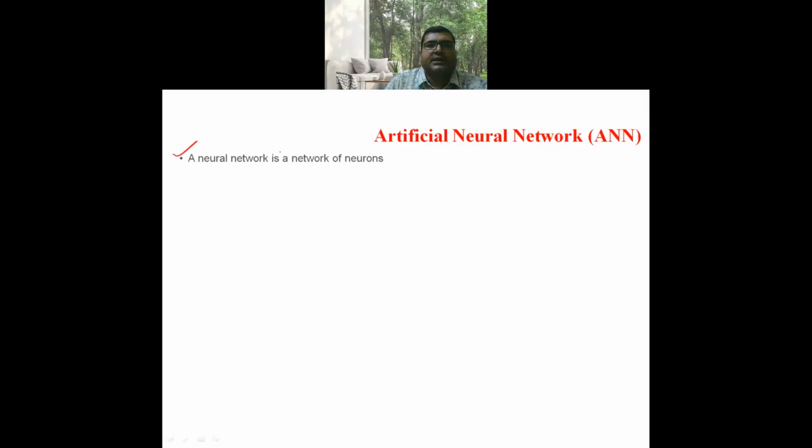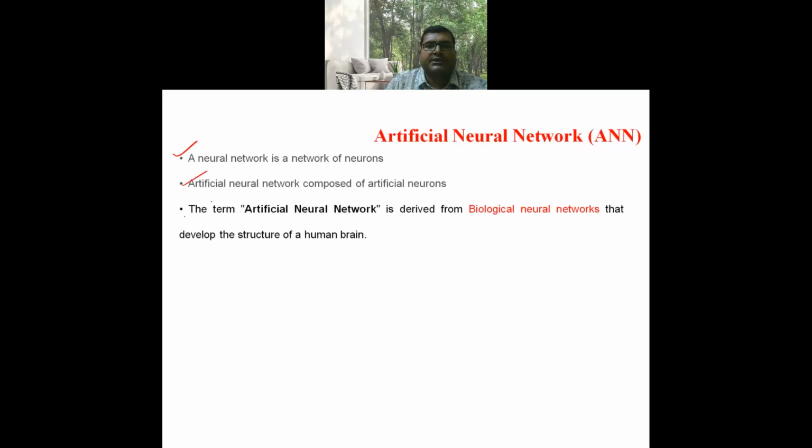A neural network is a network of neurons, ANN composed of neurons. The term artificial neural network is derived from biological neural networks that develop the structure of a human brain.